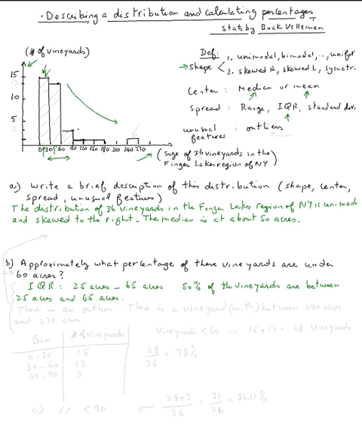And then unusual features. Unusual features are always the outliers, the values that are far from everything. We can tell there's an outlier here.